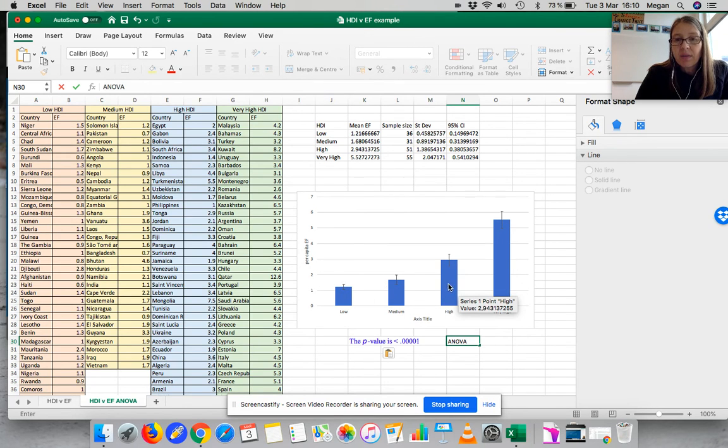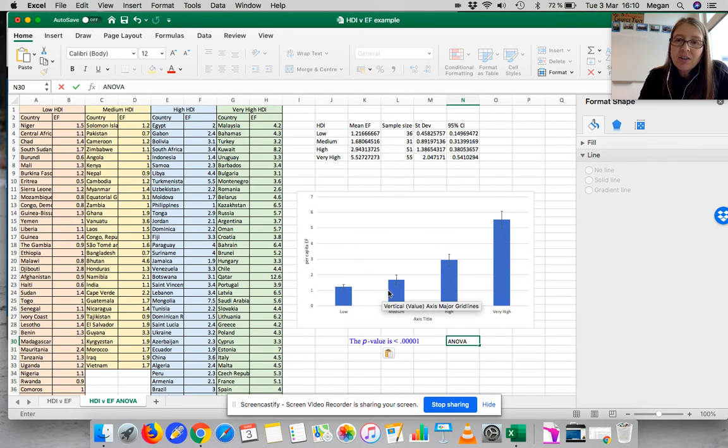So this mean is statistically different than the others. However, if you look at low and medium, there's overlap here. So although the medium has a higher mean than low, it's not a statistically significant difference. So we can't say that these two have a different footprint than these two.